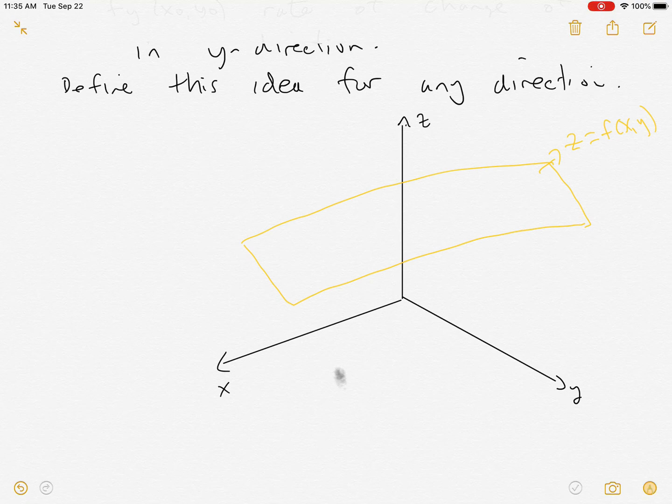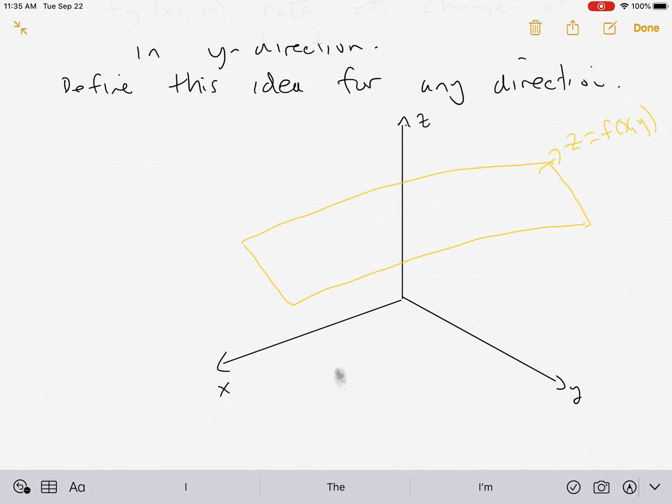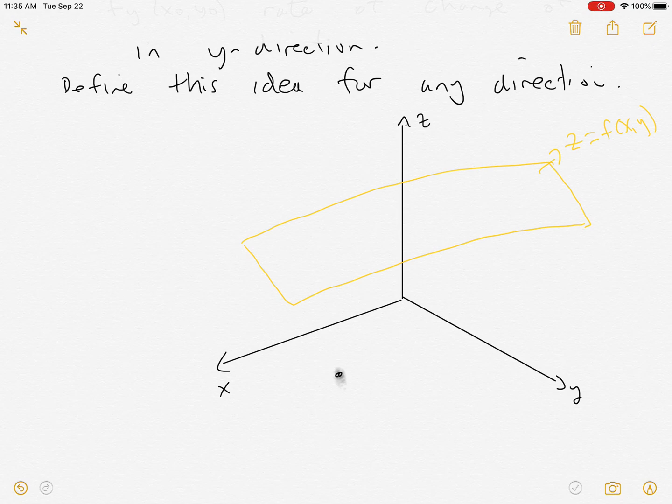Then we're going to come down here into the xy plane and define a point p naught, which has coordinates x naught, y naught. And we're going to define a line through here.